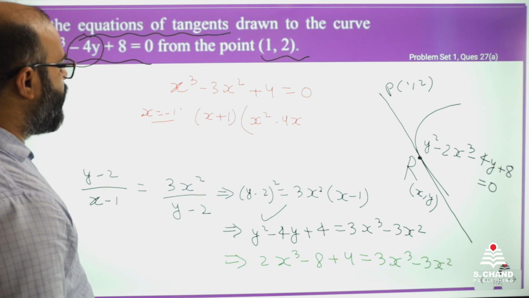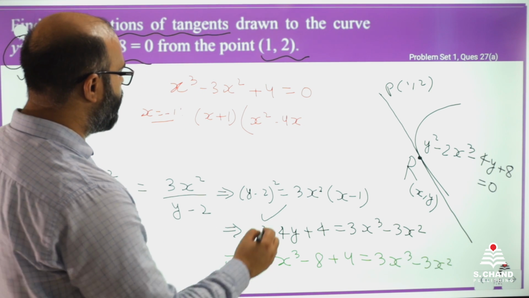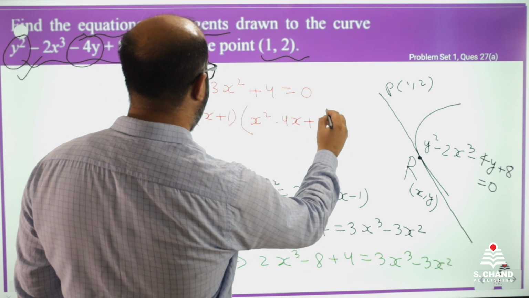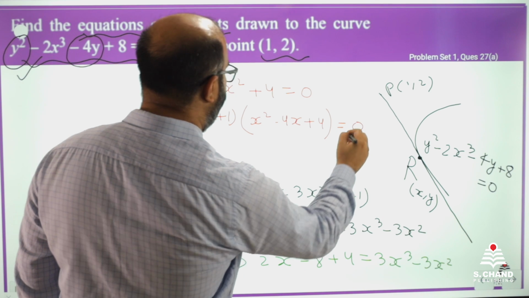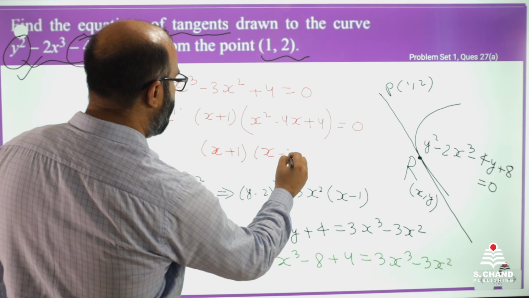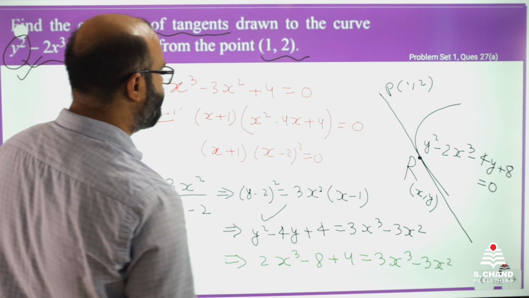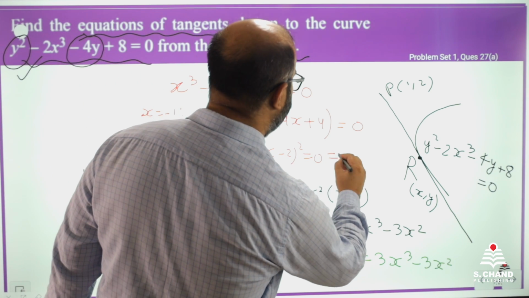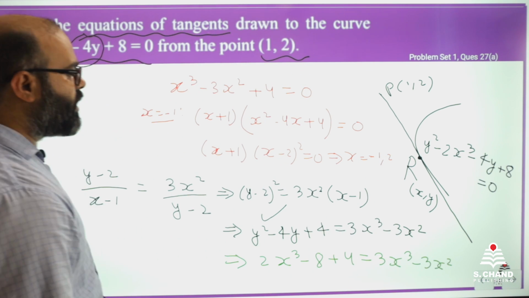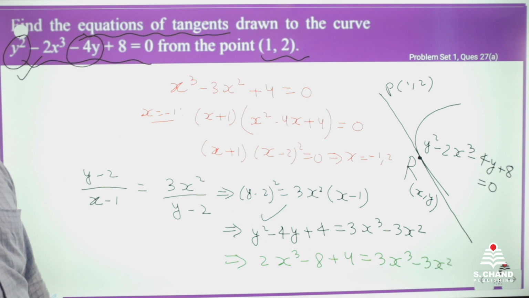So minus 4x square plus x square is minus 3x square, and then you have minus 4x, and you take plus 4x plus 4 equal to 0 like this. So you get x plus 1 into x minus 2 whole square is equal to 0. So you get the value of x as minus 1 and 2. So these are the two values of x, minus 1 and 2.